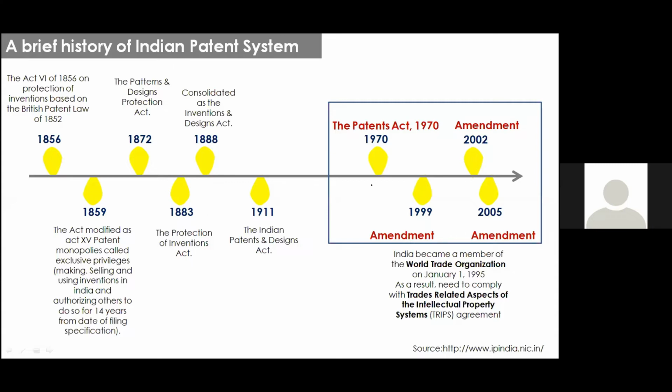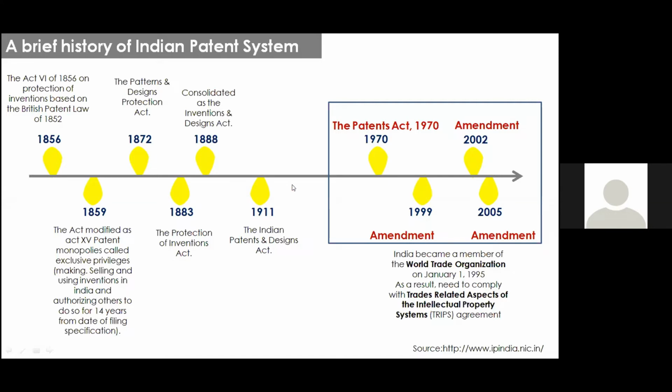However, soon after independence, it was realized that there was a change in society and a change in the economy, so there was a need to change the Patent Act also, which could help in promoting the stage of development of our country.